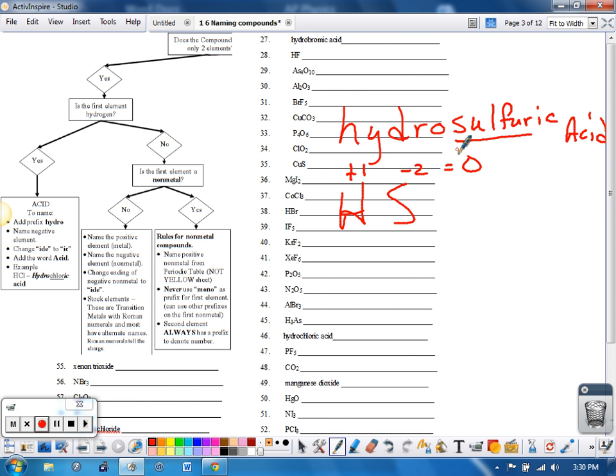Does it? No. So I have to do something to make it equal 0. I put a 2 by the H. So hydrosulfuric acid is H2S.